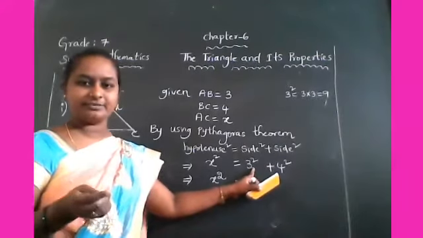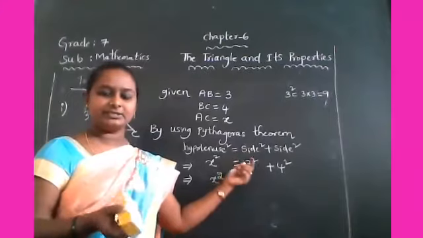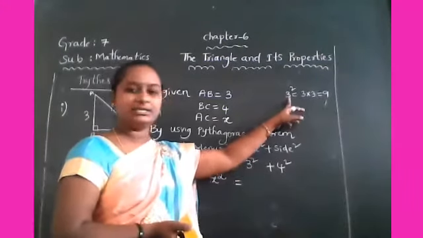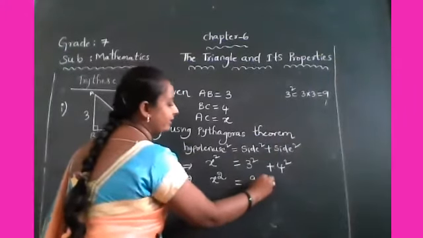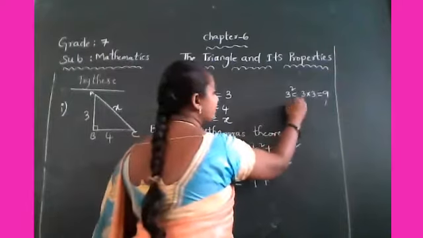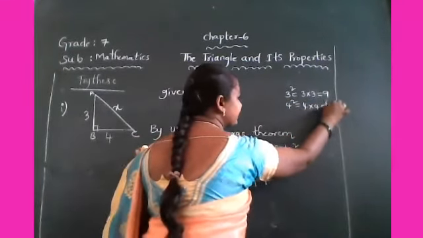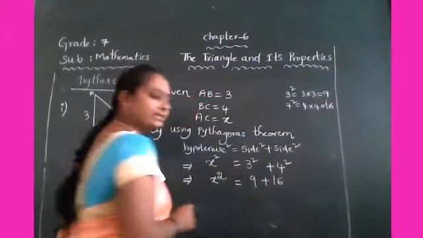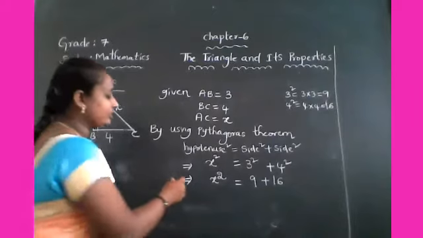You are thinking 3 square is 6, but don't think like that. Here 3 square means 3 raised 2 times, so 3 into 3 is equal to 9, plus 4 square. 4 square means 4 into 4. 4 fours are 16, not 8. 4 square is equal to 16.